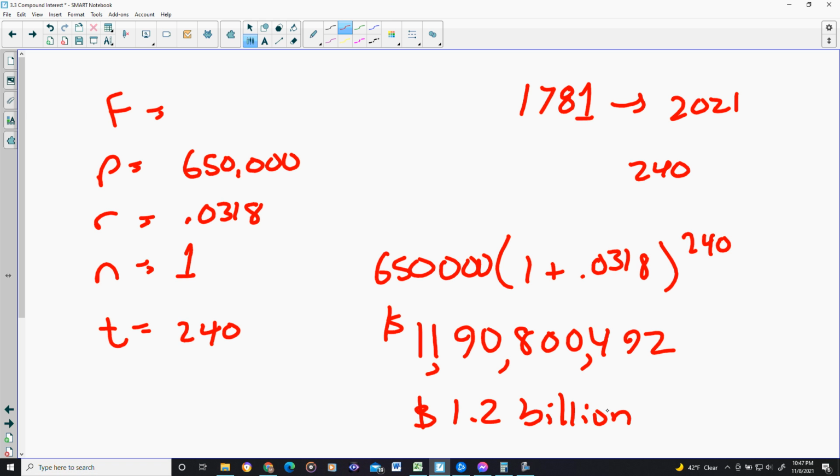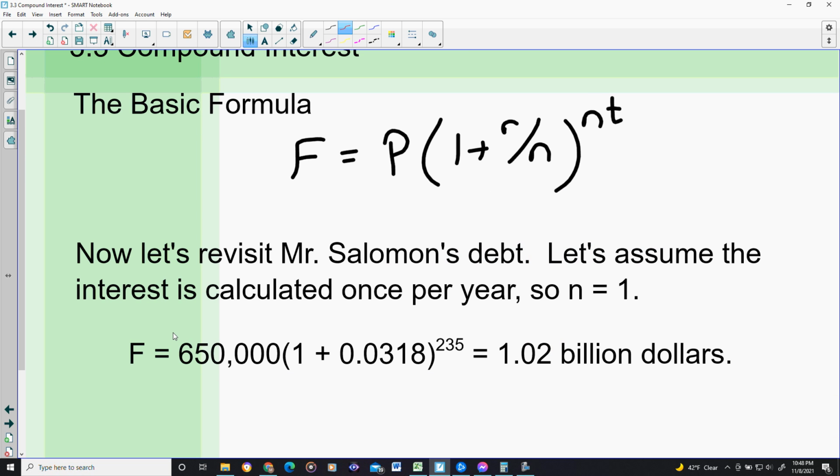This is the fourth or fifth time I've now done this problem in my classes. The very first time I did this was a few years ago when the exponent was only 235. So I want you to look at this right here. The very first time I wrote these notes, we had an exponent of 235. Look at the total, $1.02 billion for 235 years. When we did 240 years, it's 1.2 billion. Guess what?